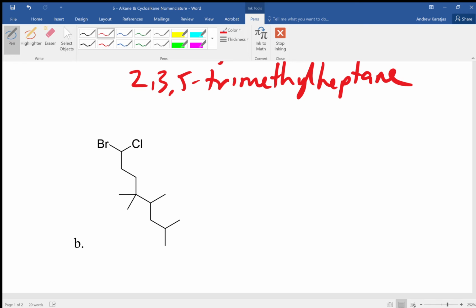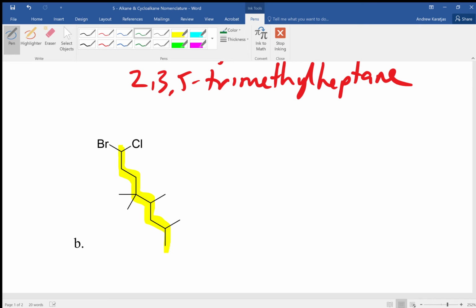Alright, our second example, we've got to look in a different direction for the longest chain. It actually goes top to bottom. Now, unlike many others, this one becomes really easy to determine direction.